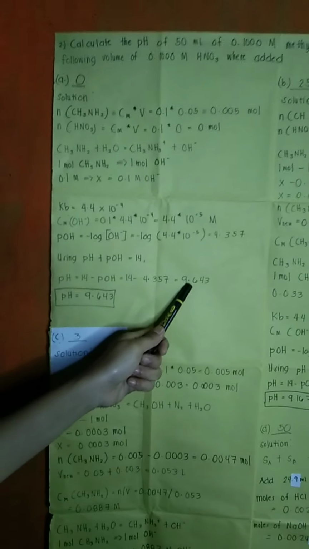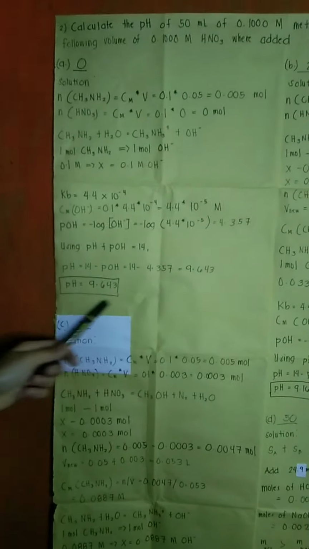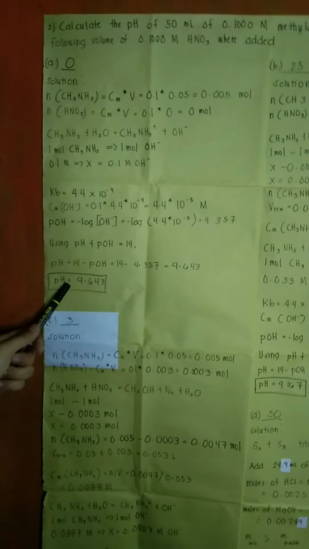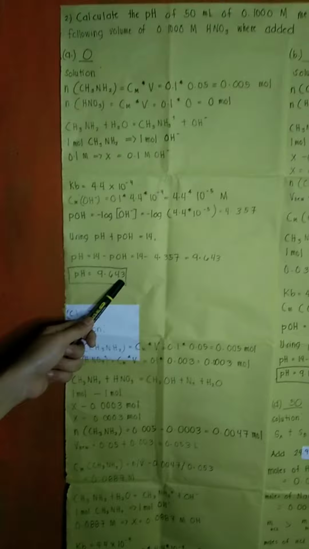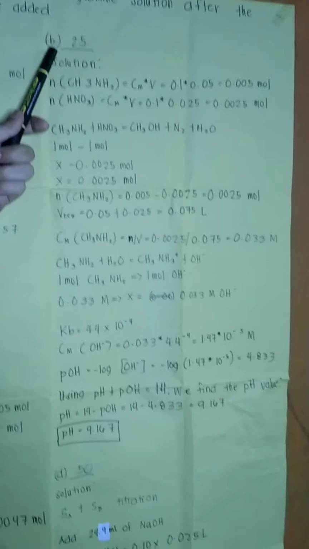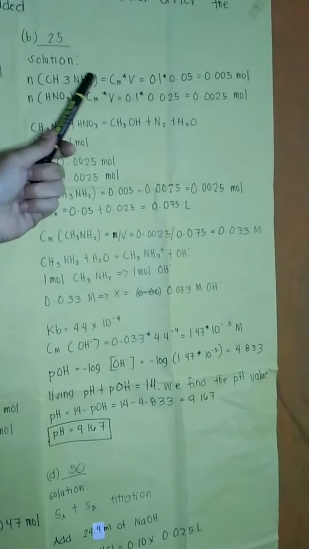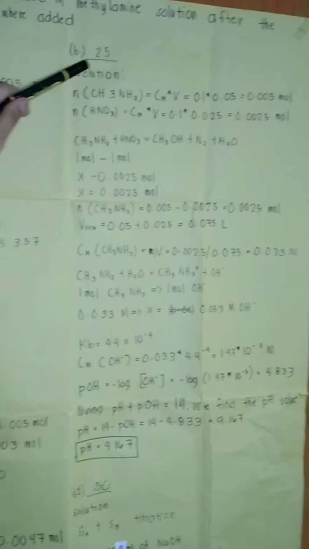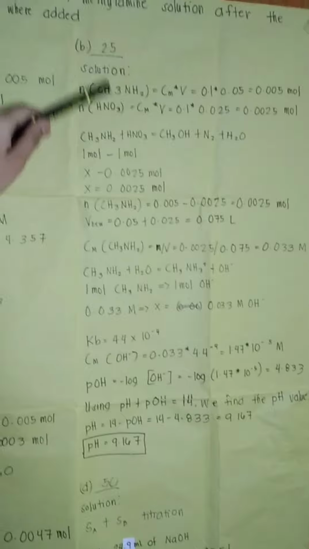The answer is 9.643. So, the final answer of this problem is pH equals 9.643. Part B, 25. And here is the solution of this problem number 25.